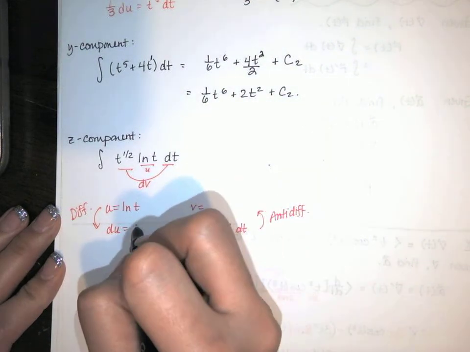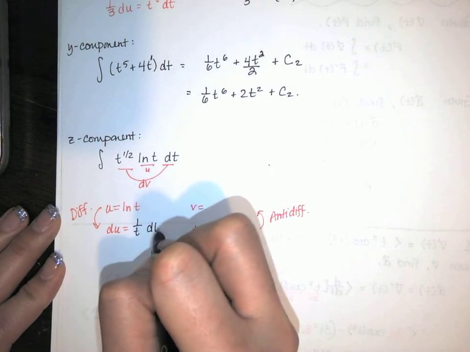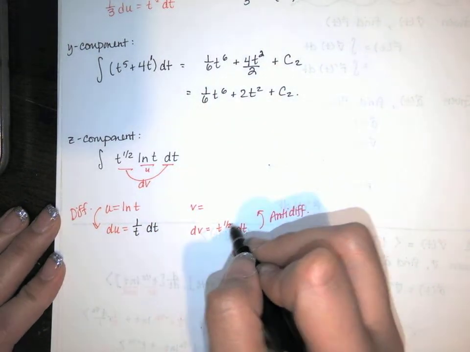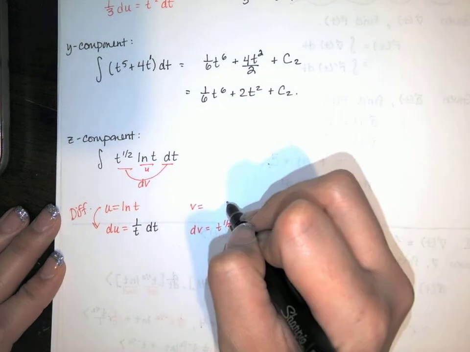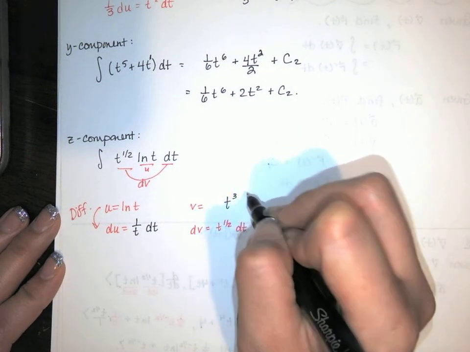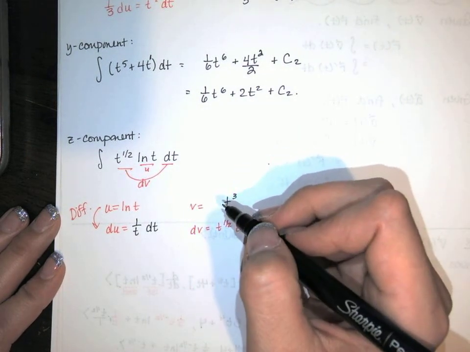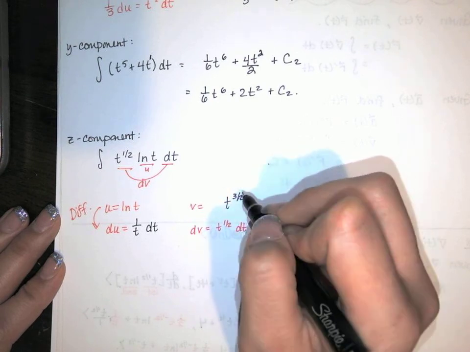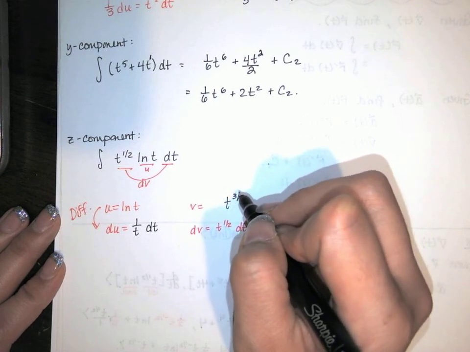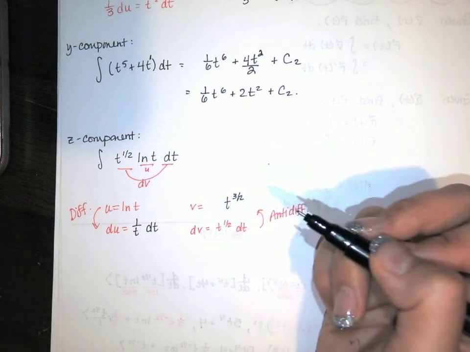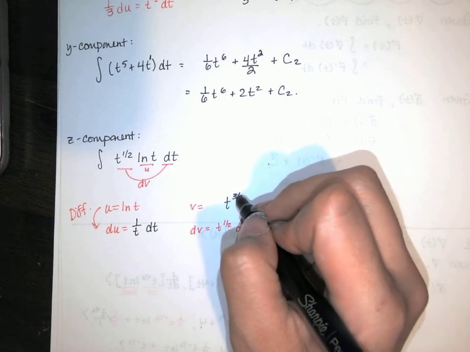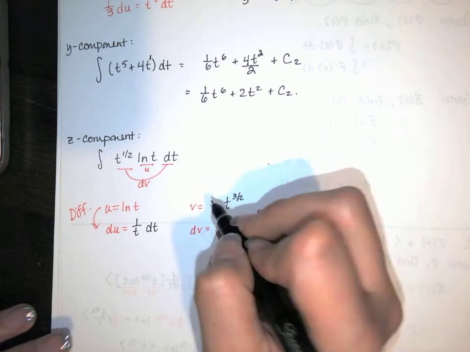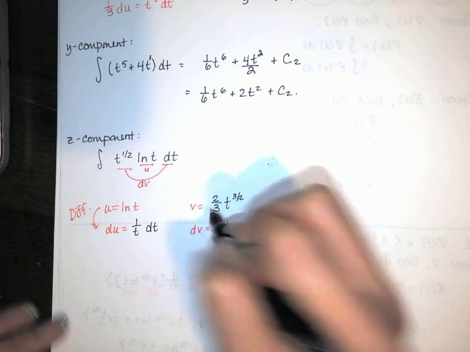The derivative of natural log of t is 1 over t. The antiderivative of this, we use the power rule. So add 1 to the exponent. 1 plus 1/2, that's 2 over 2 plus 1 over 2 is 3 over 2. And then we divide by the new exponent. Dividing by a fraction is multiplying by the reciprocal. So we're going to divide by 3 over 2, which is multiplying by 2 over 3.